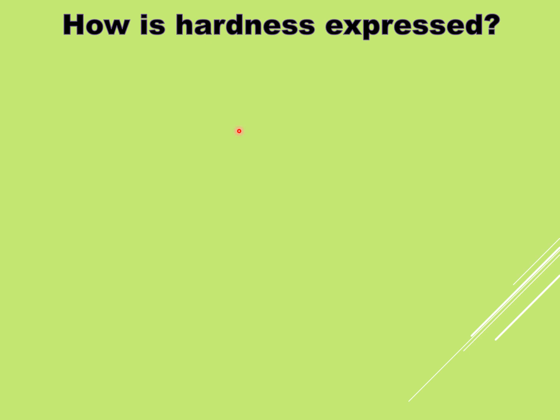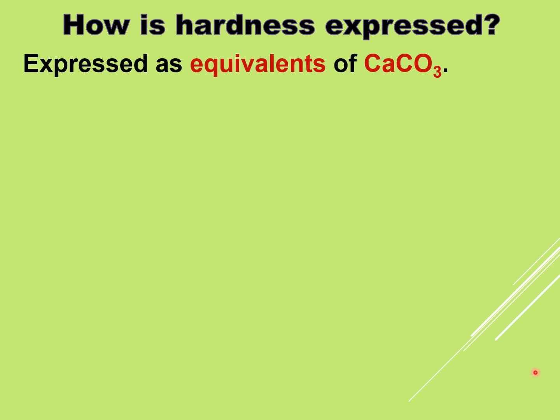So what is done is a standard compound is taken. Here the standard compound is calcium carbonate, and hardness is converted into equivalents of calcium carbonate. So suppose magnesium chloride is the salt in hard water. Then the concentration of that magnesium chloride is converted in terms of calcium carbonate. Suppose calcium sulfate is a dissolved salt in hard water.